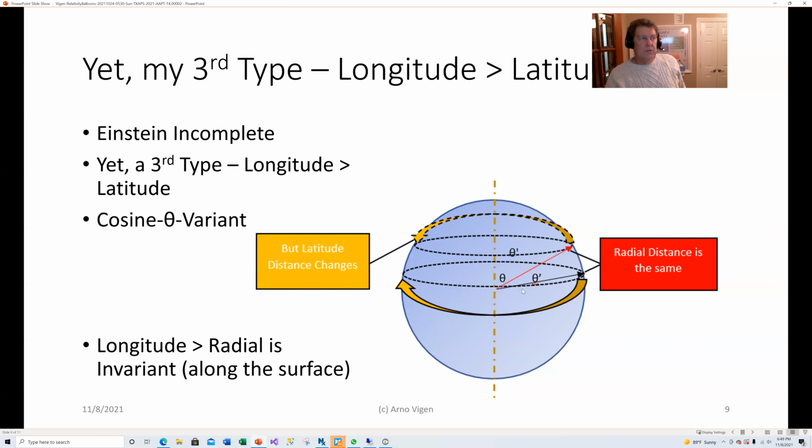And so this is by the sine, or for the derivative, the cosine. That cosine variance is the third part, the missing part of general relativity, which we will now make a special case, not the general relativity, but hemispherical relativity that has all three components.